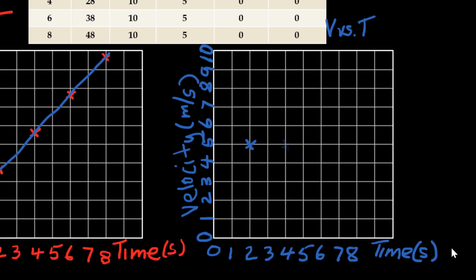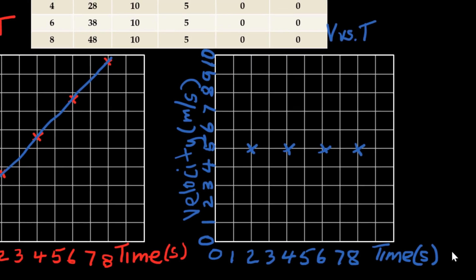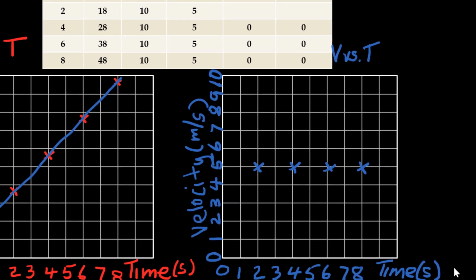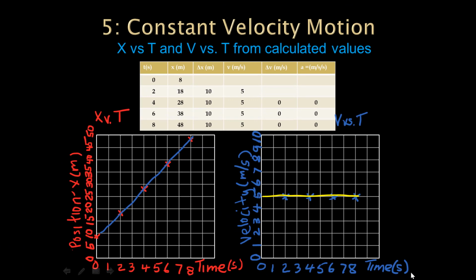We see that at 0, 2, 4, 6, and 8 seconds, we're traveling at 5 meters per second. Let's put a best fit line through it. Good. So we've drawn our position versus time and velocity versus time from our table of data.